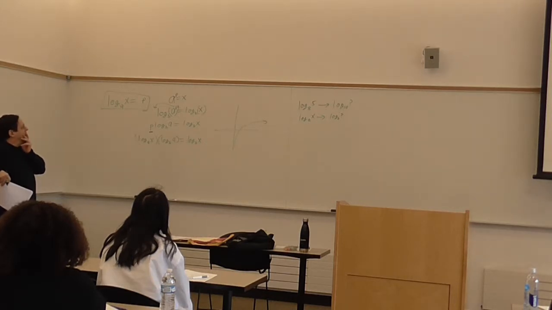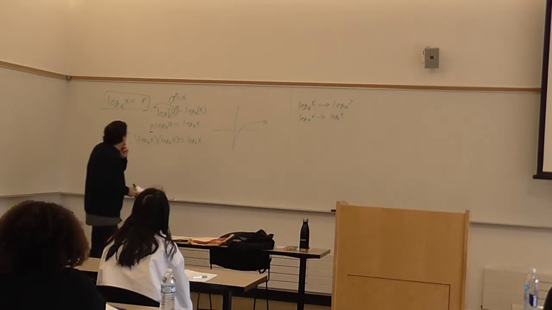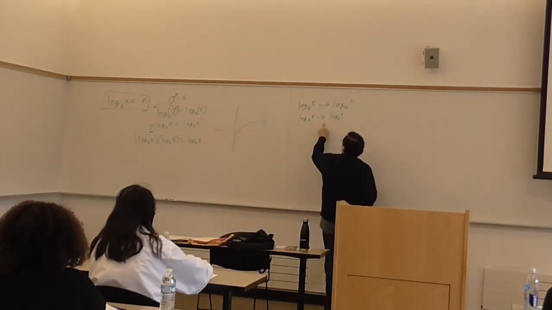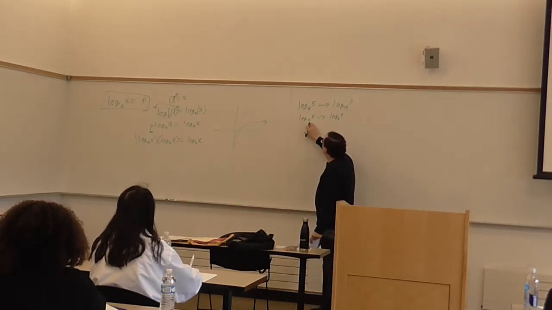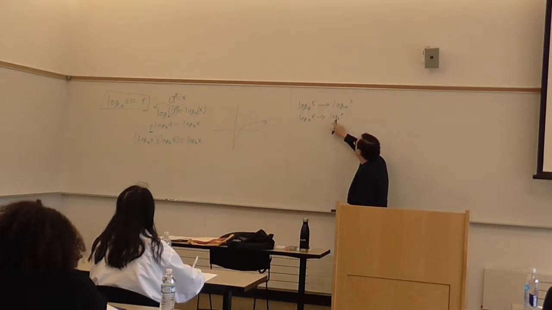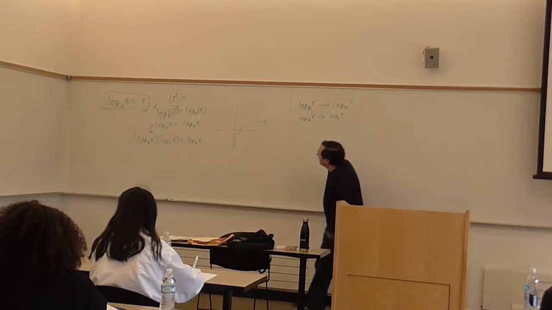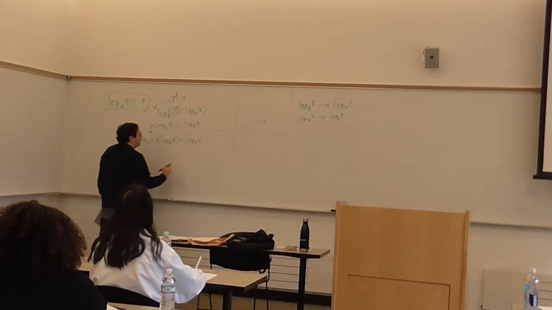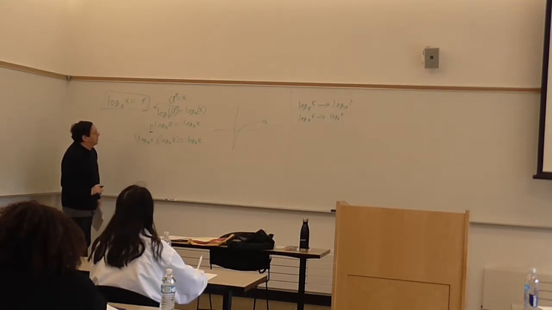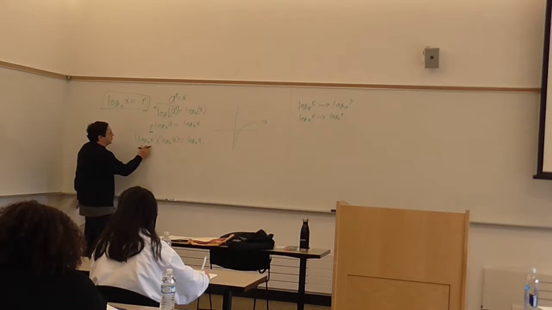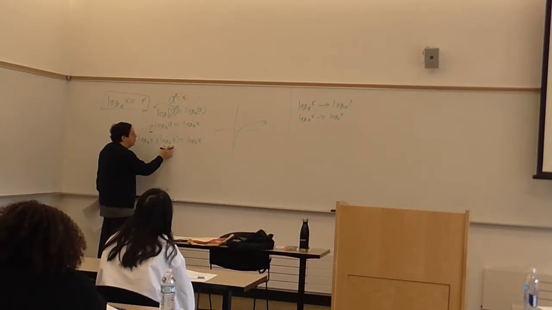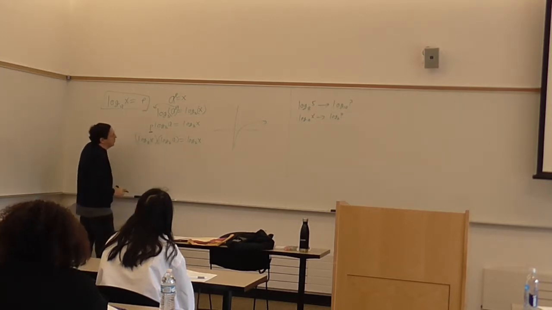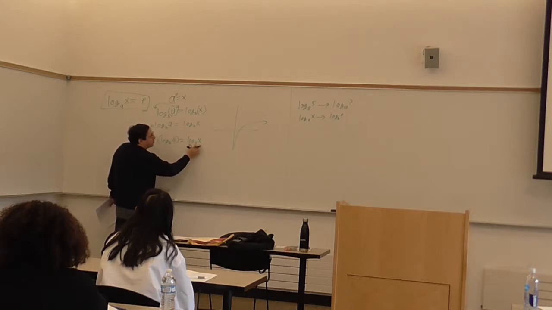Staring at that, I'm thinking of this. I wanted to express this value, log to the base a of x, as the log to the base b of something. Well, I'm close here, aren't I? This says if I multiply log to the base a of x times this value, which I sort of know what it is, then I'm going to get log to the base b of x.